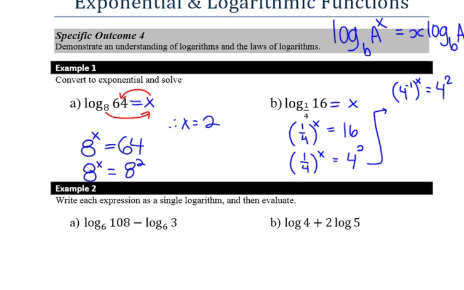Times them. Thank you. So 4 to the -x, because -1 times x is -x, equals 4 squared. So what does x equal to? -2. So you have -x equals 2. Therefore, x is -2. Lovely.